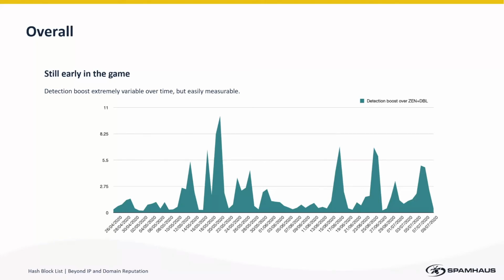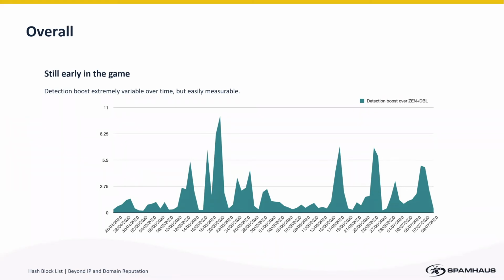So let's say the peak on about 18th of May, that means that on that day, the HBL allowed to block, let's say, 9% more email than Zen and DBL alone. Fantastic. So it's the percentage points above the detection you get if you were using Zen and DBL. Correct.